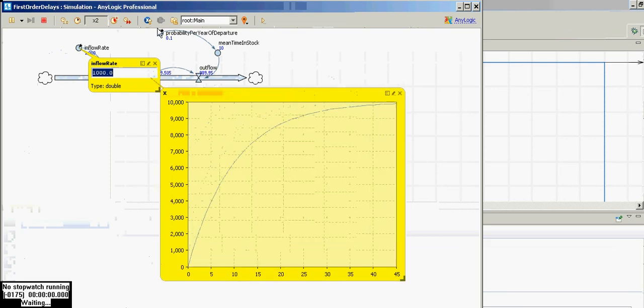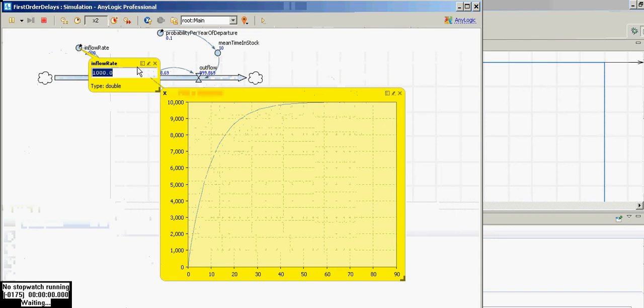What will happen when I change it from 1,000 to 500? What will decrease by half? Immediately? Or they'll start quickly and then go towards a new equilibrium. Okay, there we go. It's going down.